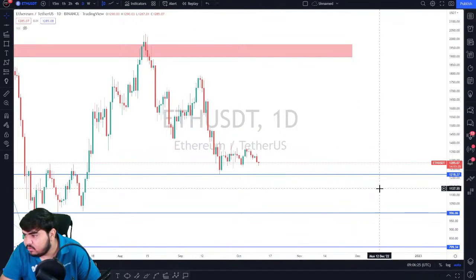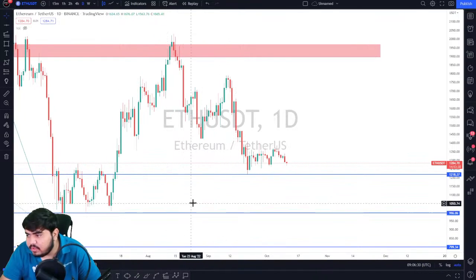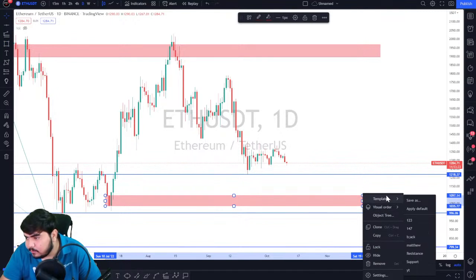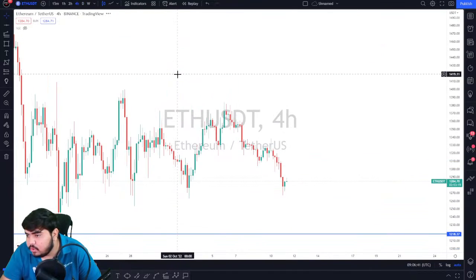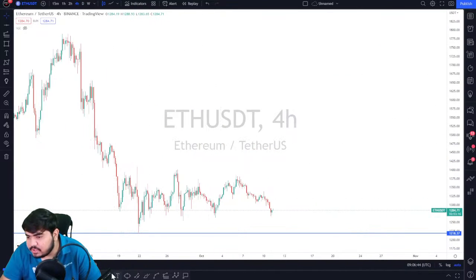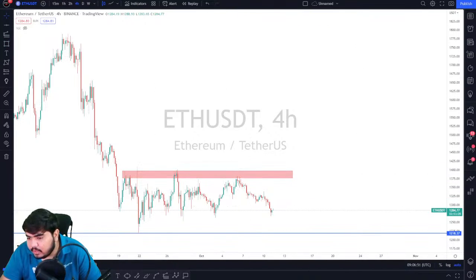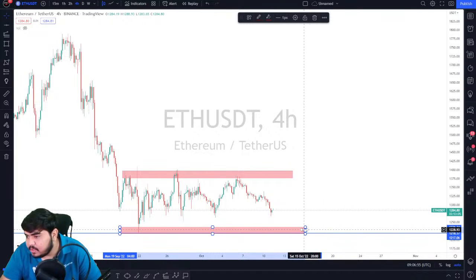Now this is the 1218 area, and we have a major refined order block at this point. So from this area we would be looking for buying setups, but right now on the 4 hour time frame we can see this is clearly a key level of resistance that the market is moving around, and we have a bottom range of support. So Ethereum is also inside this support area.